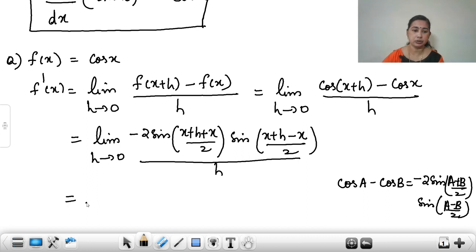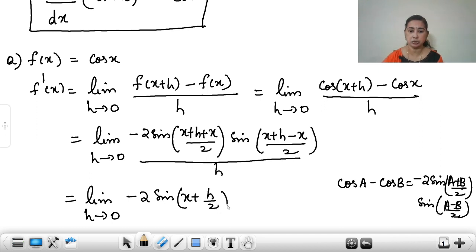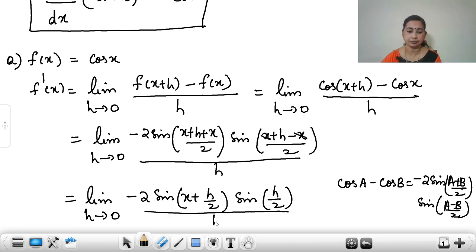That is equal to limit h tends to 0 minus 2 into sin of x plus x is 2x, 2x plus h by 2 means it is x plus h by 2 into sin x and minus x getting cancelled, remaining h by 2 whole divided by h.